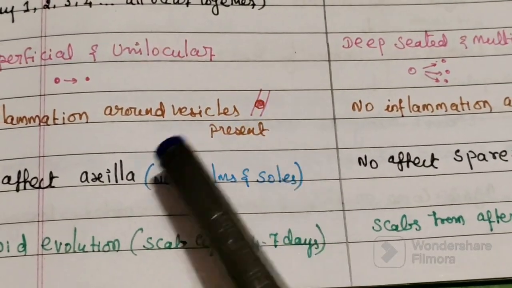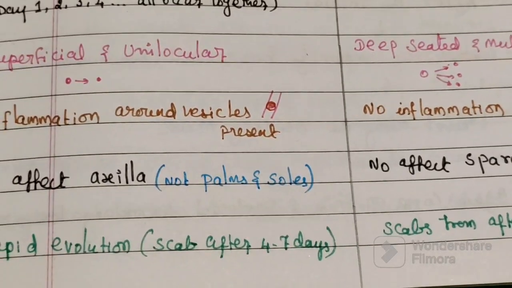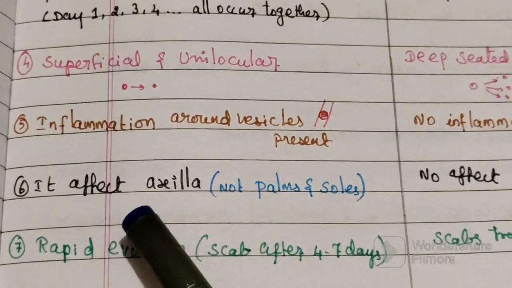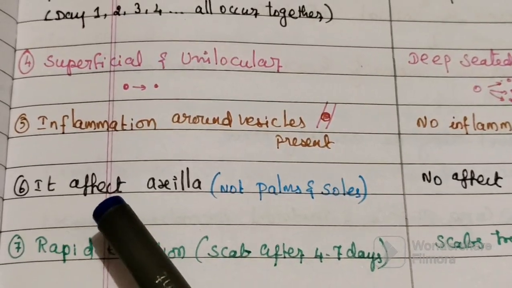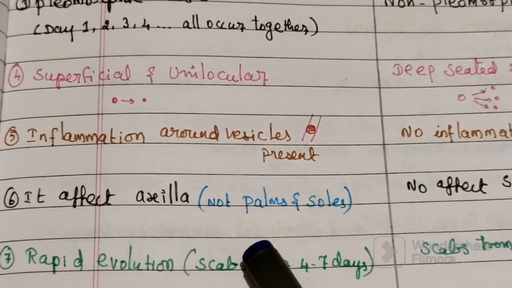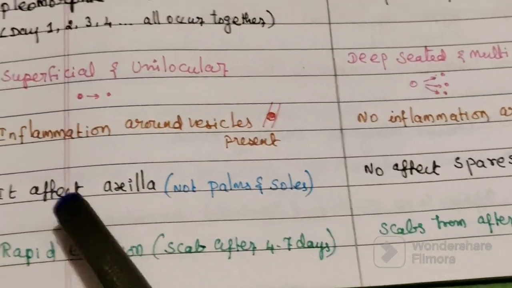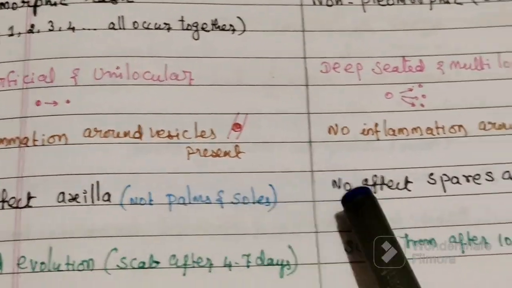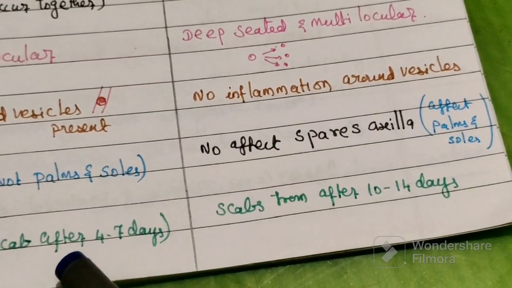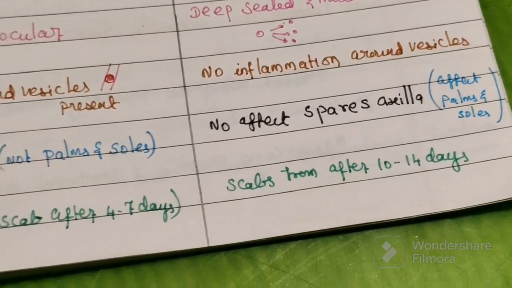Red vesicles around the rashes. This one does not affect the axilla; the other mainly affects the axilla. This one does not affect the axilla part, while the other affects palms and soles.